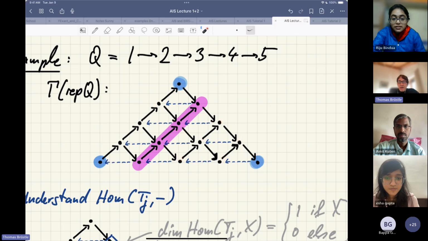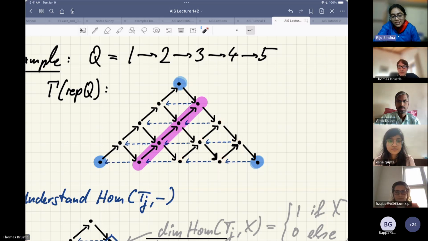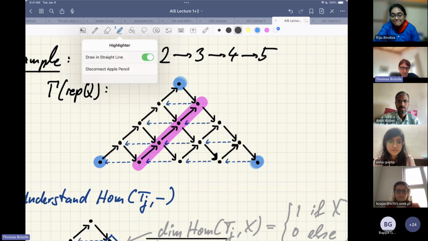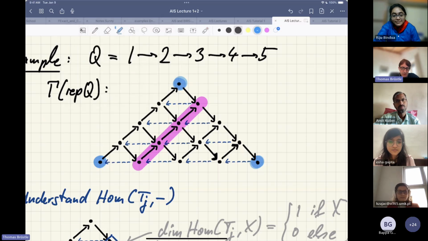One on the left, one on the lower part. Okay, so let's do one on the left. Which one on the left do you want? 1, 2, 3? You pick. Second. Okay, so I choose this one.